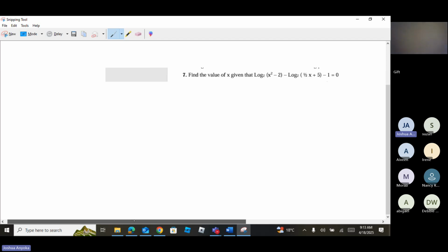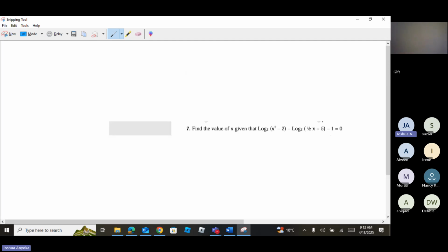We must bring in the laws of logarithms by all means. Whatever you see must be related to a certain law. Let's address this one, then I give you the next question to attend to before we work it out.